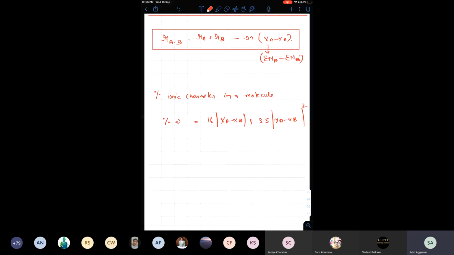This can give you the percentage of ionic character.